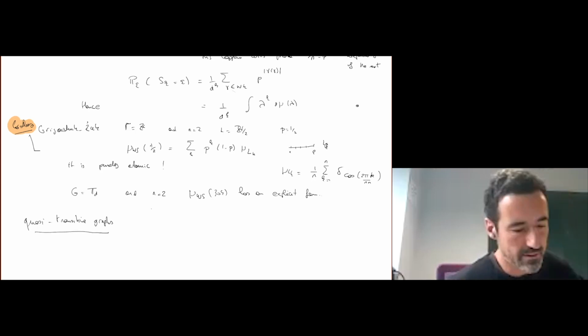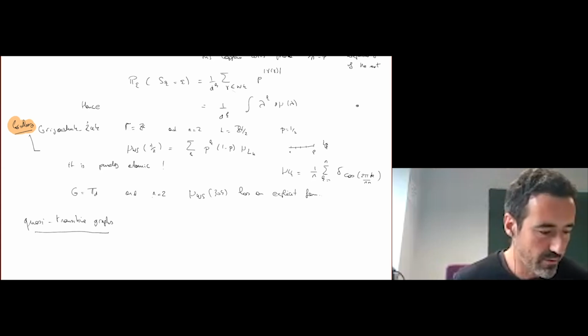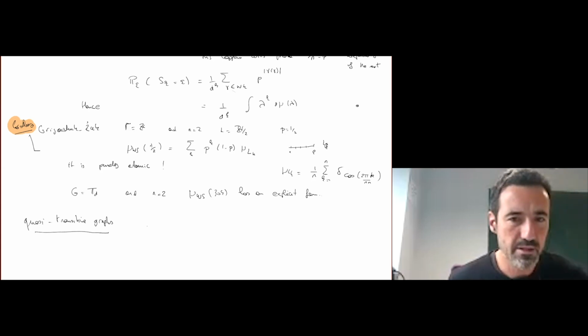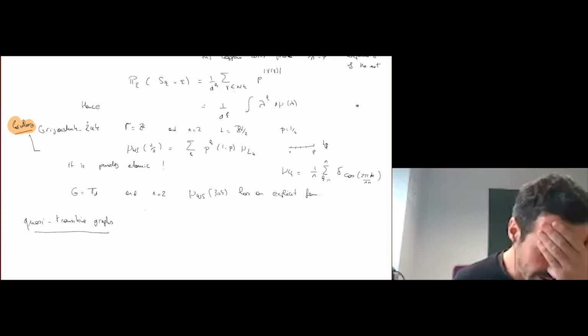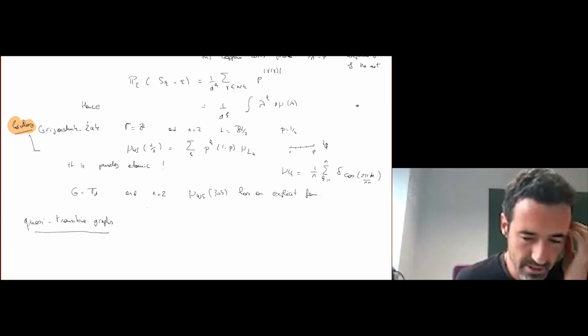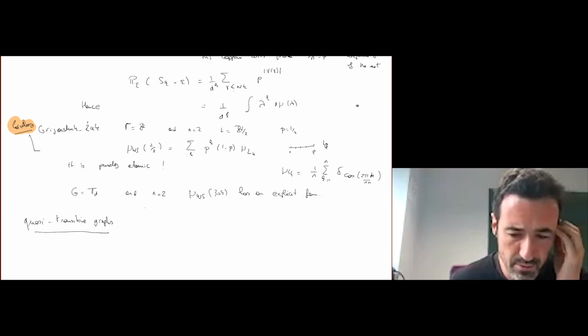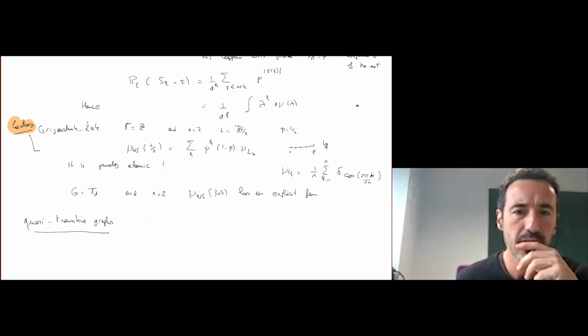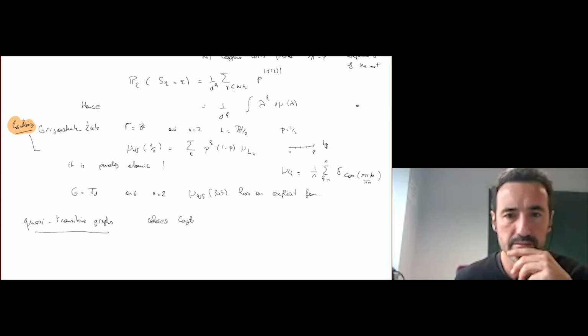So we saw transitive Cayley graphs, which are transitive graphs, and there is a nice way to define quasi-transitive graphs. Quasi-transitive means that the automorphism group has finitely many orbits, which is through what I called colored Cayley graphs or colored groups.